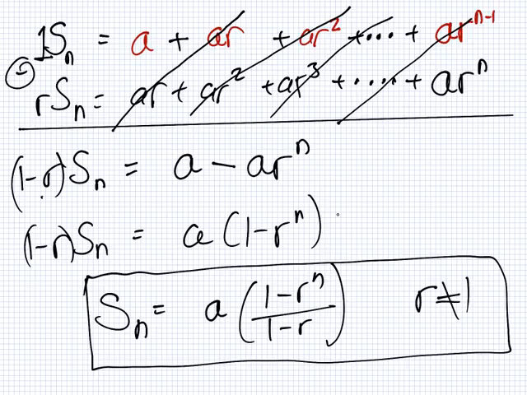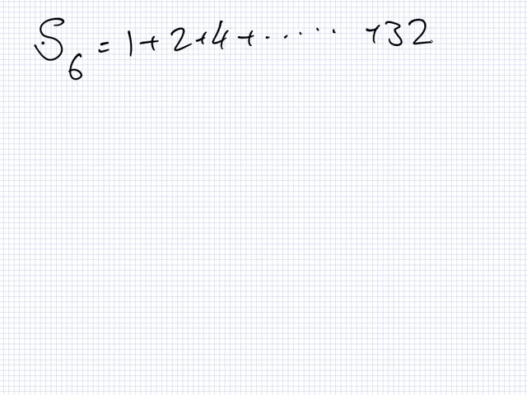Okay. Let's look at our first example of using this formula. S_6 is 1 plus 2 plus 4 plus ... 32. a is 1, r is 2, and n is 6. Yes, correct. So, let's use our formula to calculate the answer.